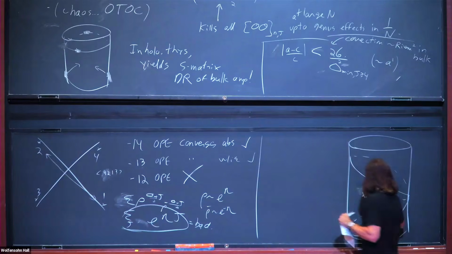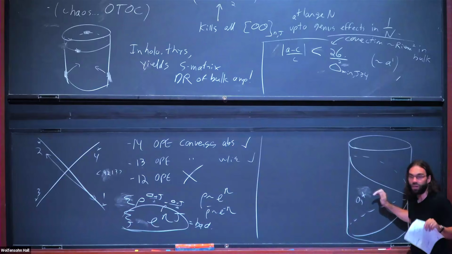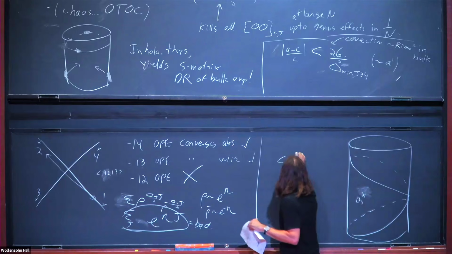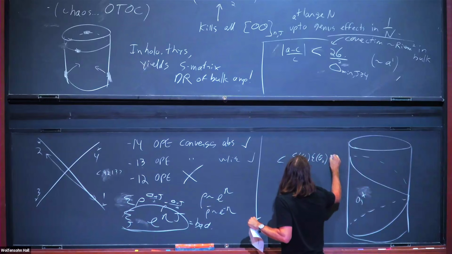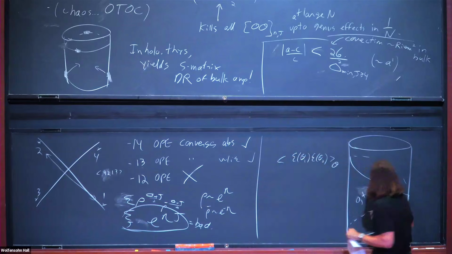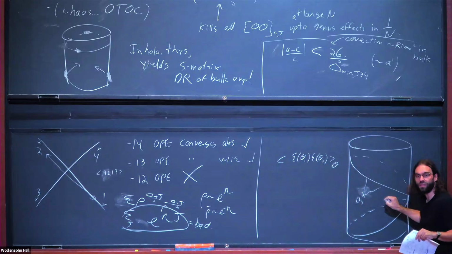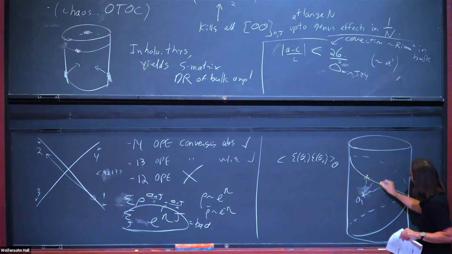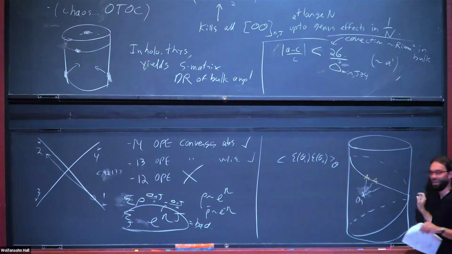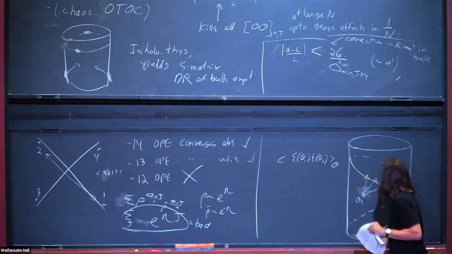In order to draw a picture like Jan was drawing, suppose I want to compute the energy correlator, E1, E2, in the state created by O. So I have a state here. It creates some bunch of stuff that are radiating to infinity. And at null infinity, you're recording the energy flow.